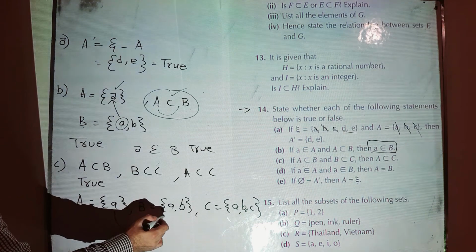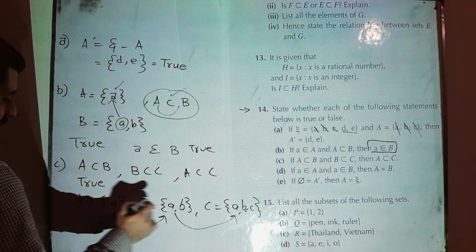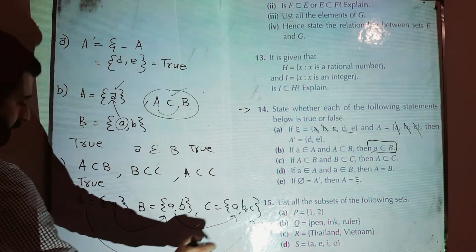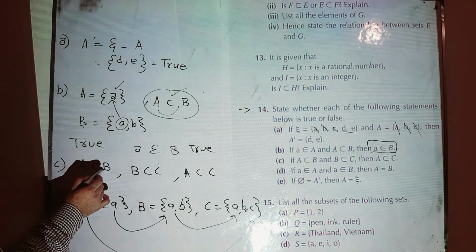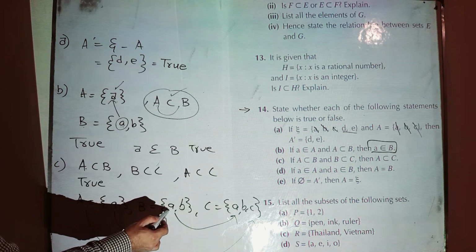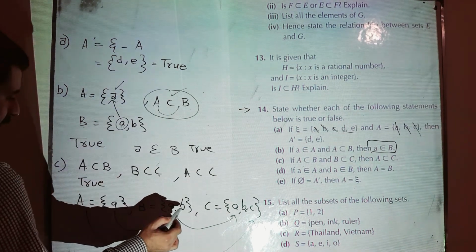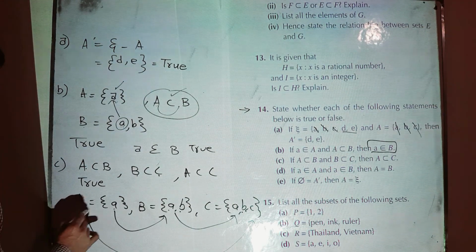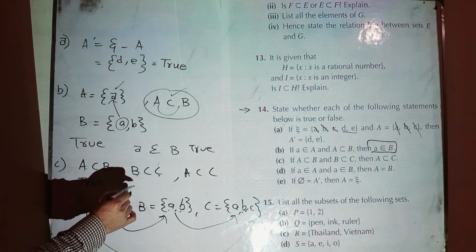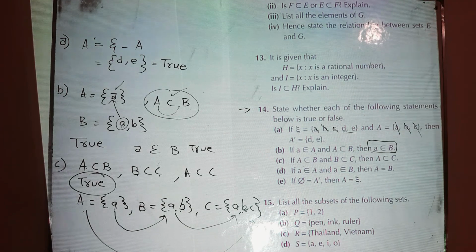A is part of B, B is part of C, then A is part of C. A is a proper subset of B. Yes. B is a proper subset of C. Yes. And then A is a proper subset of C. Well, that is true. This is up to part C.